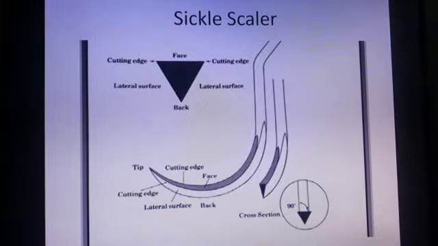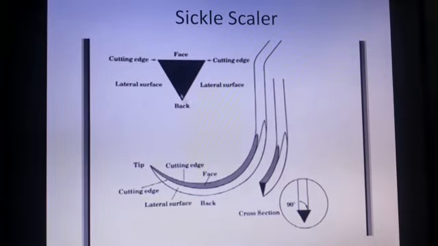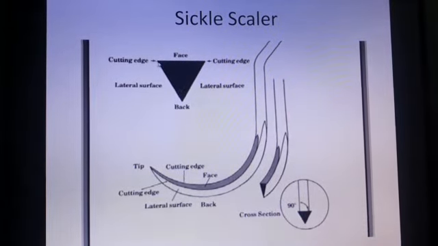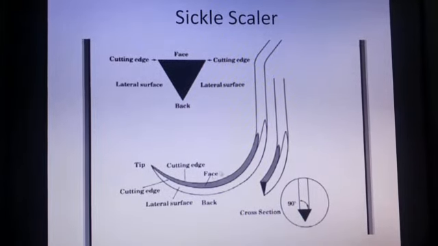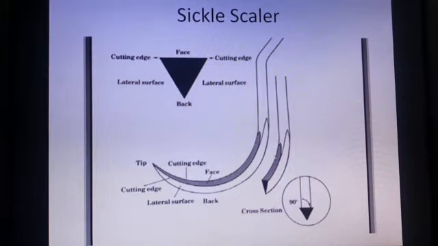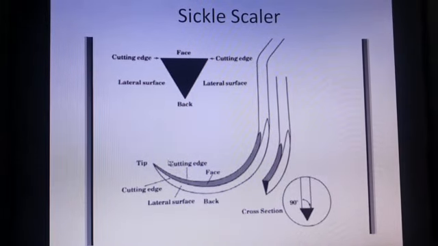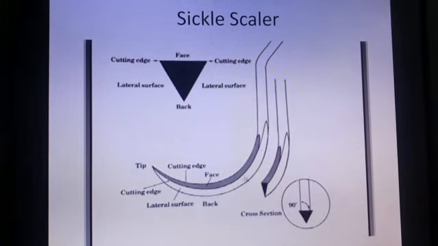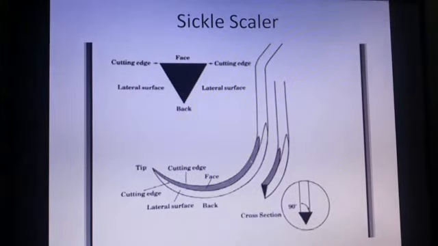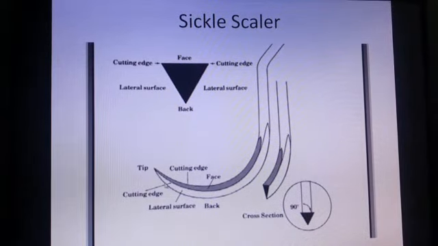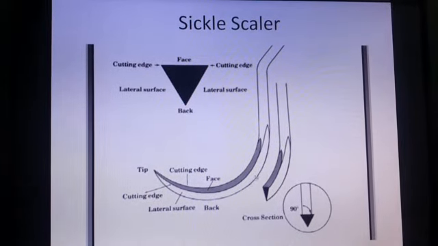In cross section, you can see it is triangular, having 2 cutting edges and 2 lateral surfaces. Here you can see the working end or blade of the sickle scaler, with this demarcated portion showing the face of the instrument with these 2 cutting edges, and on the back side these 2 lateral surfaces.